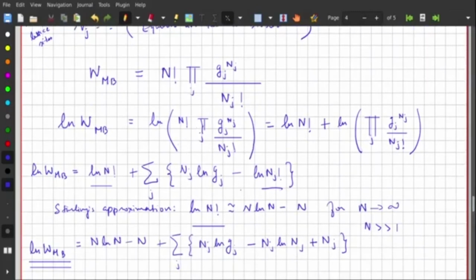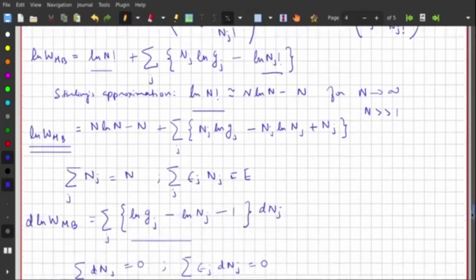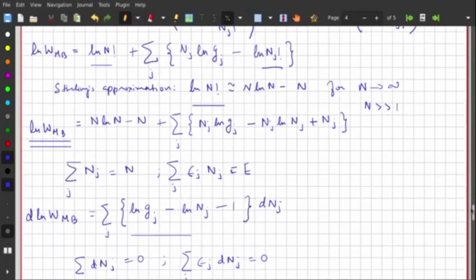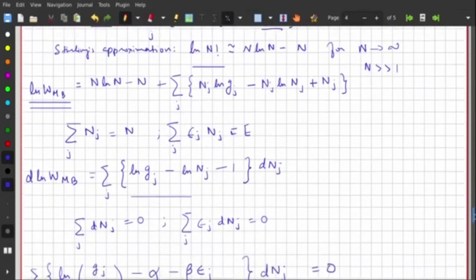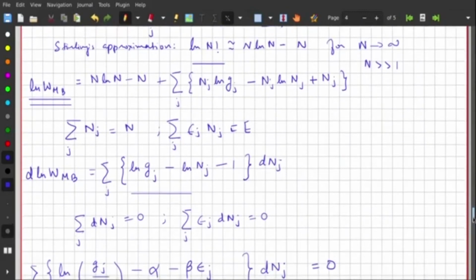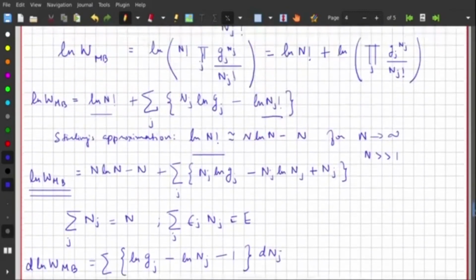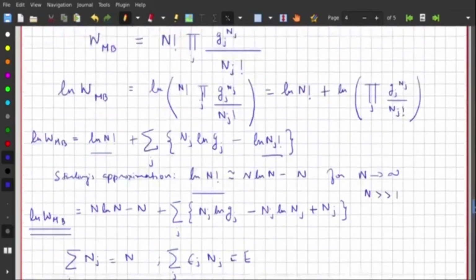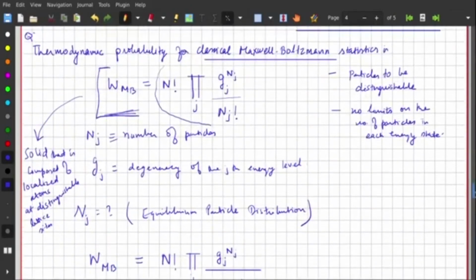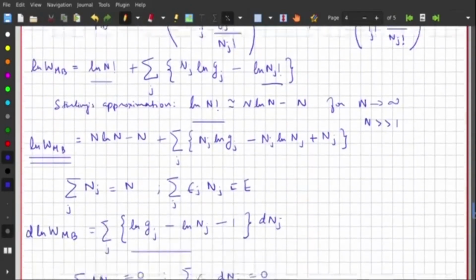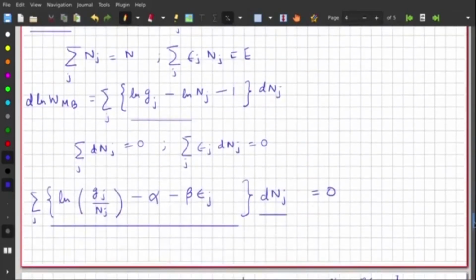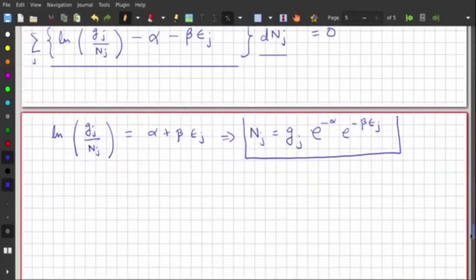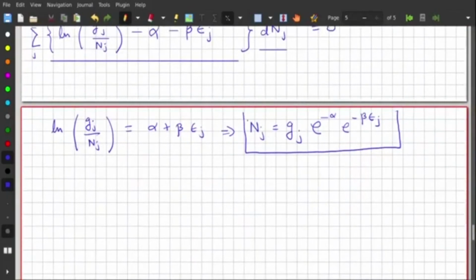So we use Stirling's approximation, convert it into a continuous problem, and then we use the method of Lagrange multipliers to optimize the logarithm of the thermodynamic probability under the given constraints, and then compute the equilibrium particle distribution.